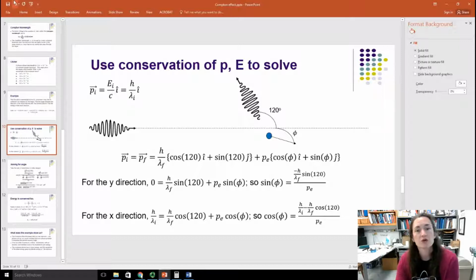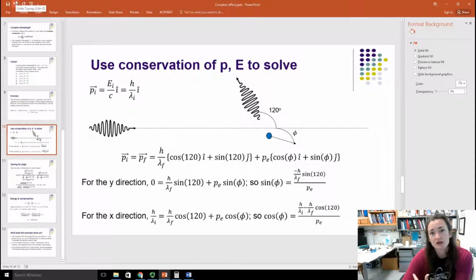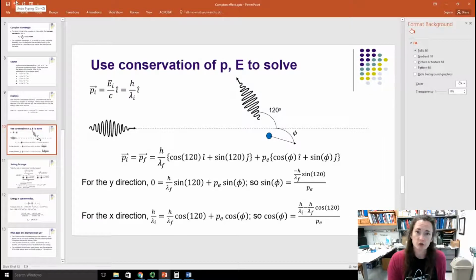So remember that for conservation of momentum, your initial momentum must equal your final momentum. Momentum is a vector, so you're going to have to break it into its x and y component parts. I've set it up in this example so that the initial momentum of my photon is all along the x-axis. So p initial is equal to E over c times i hat, where i hat is the unit vector in the plus x direction.